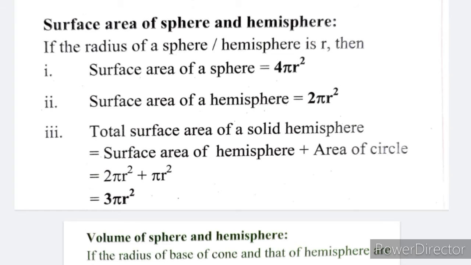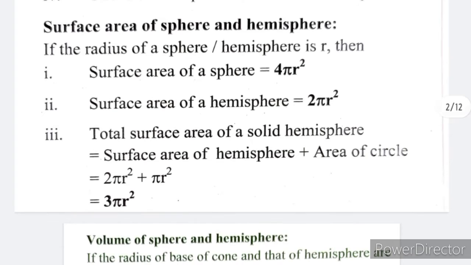So if you divide the surface area of the sphere by 2, you directly get the surface area of a hemisphere, so you need not apply this formula separately, but do as your teacher says. And the total surface area of a solid hemisphere is very important, this formula, 3 pi r square.